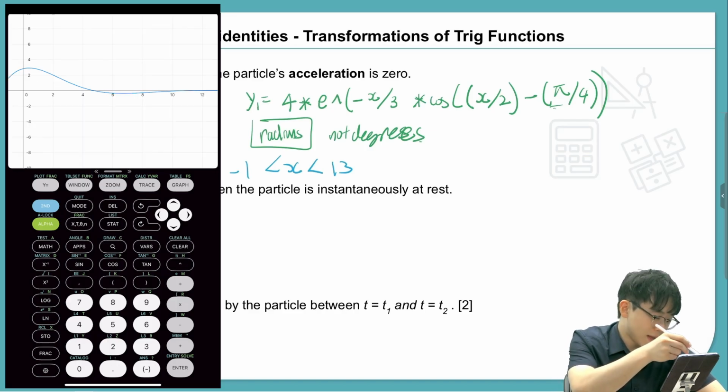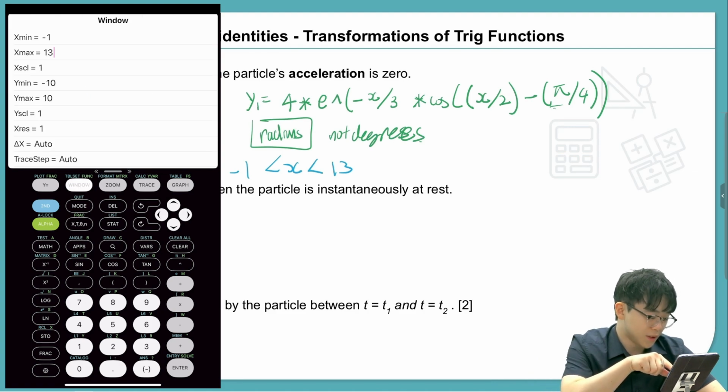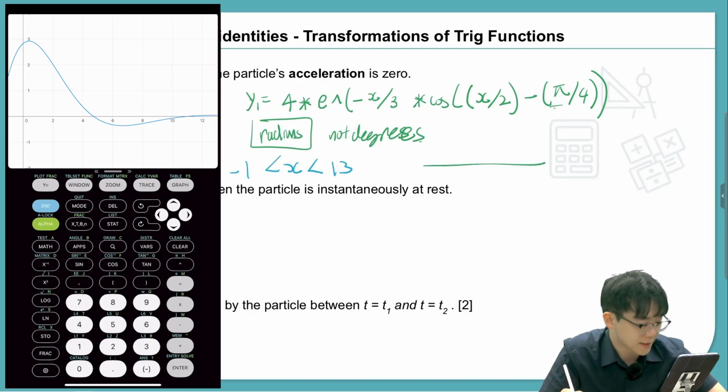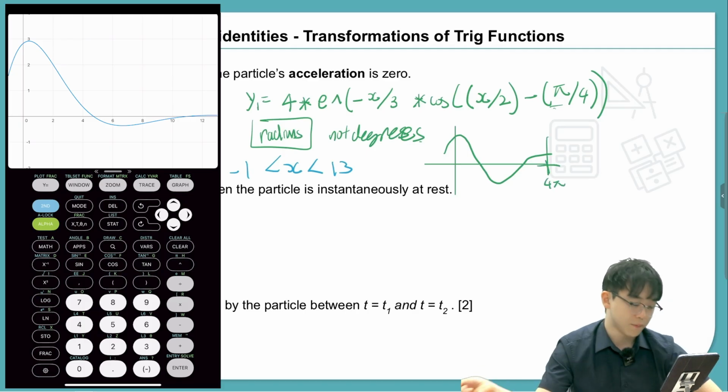For the y value, I think if you just do from -2 to 4, you should be able to see all the details that you need. If you get the scales right, that should produce pretty much the exact same graph that you see on the calculator. On my calculator, I get a graph that looks like this. So 4 pi would be somewhere here, like 12 point something.